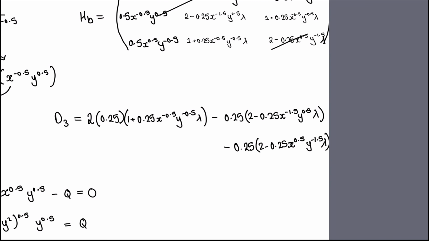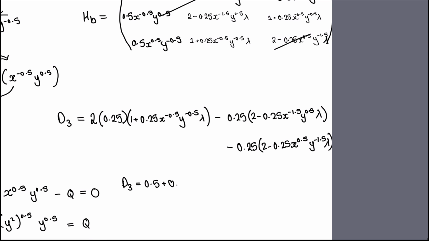Cool. So when we do that, we get d3 is equal to 0.5 plus 0.125 x to the power of minus 0.5 y to the power of minus 0.5 lambda minus these 2.